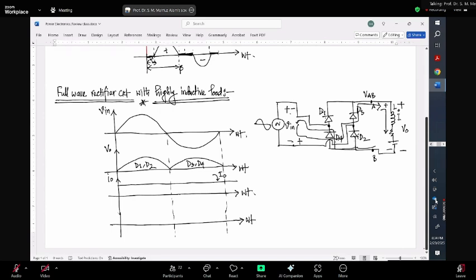But across the load, the current direction would be unidirectional. So in that case, if I write it down, I in, my current here would be similar to this one. But during the negative half cycle, for the input current, it will change its direction like this. Is there any question regarding this so far?